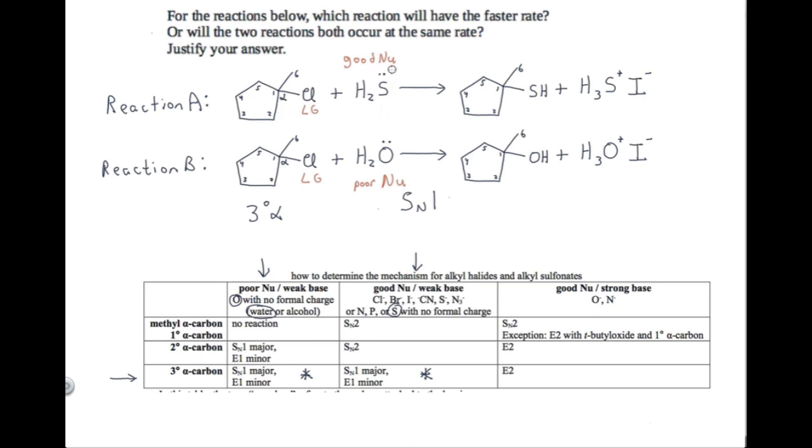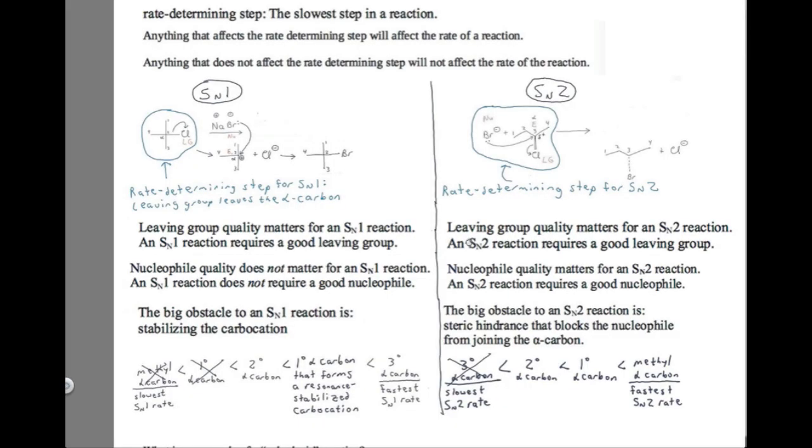But wait, does nucleophile quality matter for an SN1 reaction? No. We've learned that nucleophile quality does not matter for an SN1 reaction because the nucleophile does not participate in the rate-determining step for an SN1 reaction.